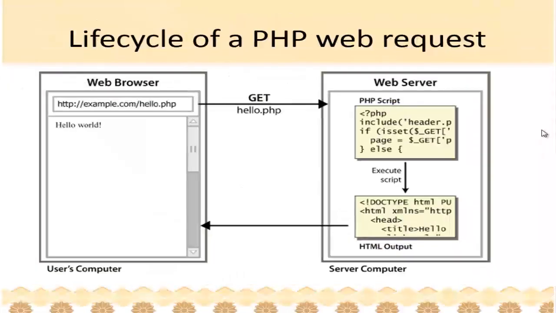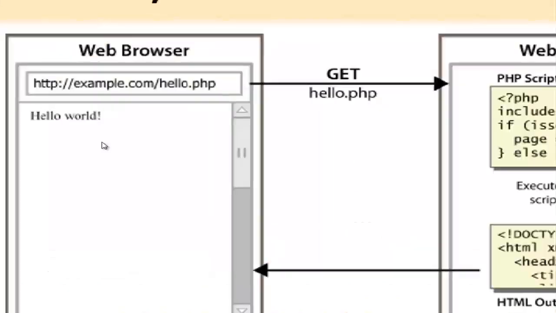It will go to its hard disk and read that file, or it will give the location of the file to the PHP module. The PHP module will go to this script, run that script, get the HTML, and then that HTML output is sent back to the user, and the user is going to see the result of executing this particular script.